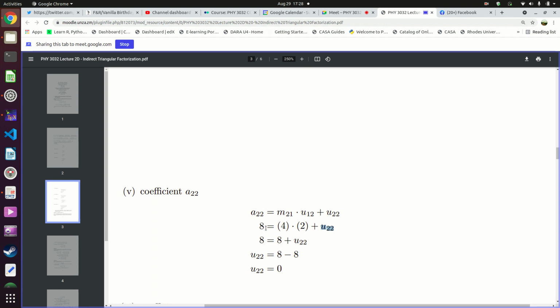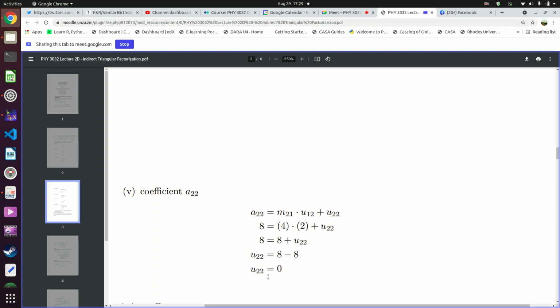This times that is going to give you 8. So you have 8 this side, 8 this side, then plus this bit. So you take one of the 8 outside, so you end up with U22 equal to 8 minus 8, which gives U22 being equal to 0.